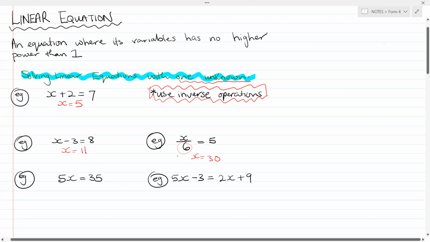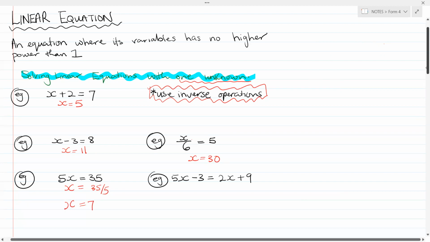We have x divided by 6. So we need to multiply 6 on both sides, so x will be equal to 13. We have 5x is equal to 35. 5 is multiplying by x, so we divide 5 on both sides, so x will be equal to 35 divided by 5, which is 7.